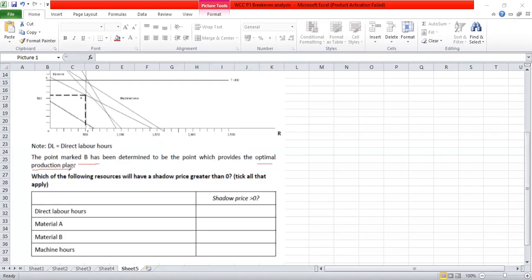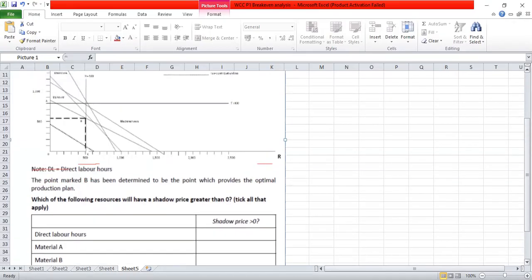Only B satisfies the maximum number of units of production, so that is the optimal production plan.